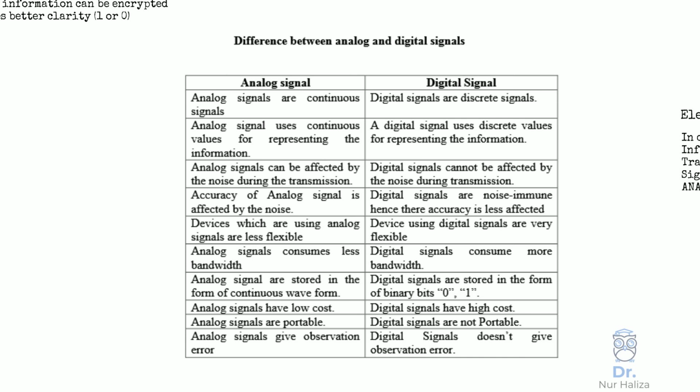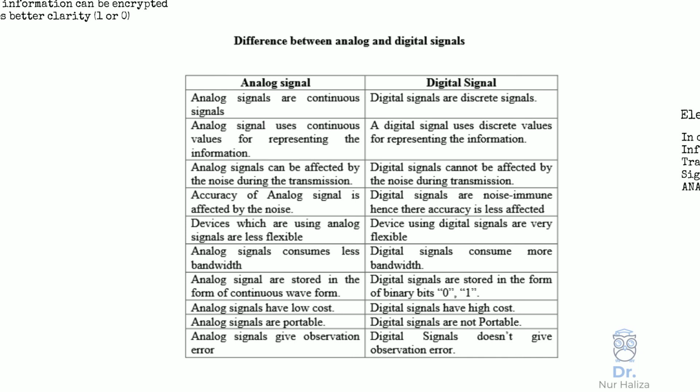Devices for analog are less flexible, while for digital they are very flexible. Analog signals consume less bandwidth, but digital requires more bandwidth. And analog can be stored in the form of a continuous waveform, while digital is only in binary form, which is 0 and 1.